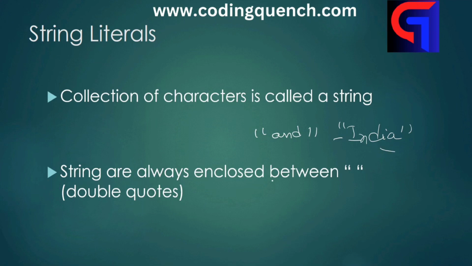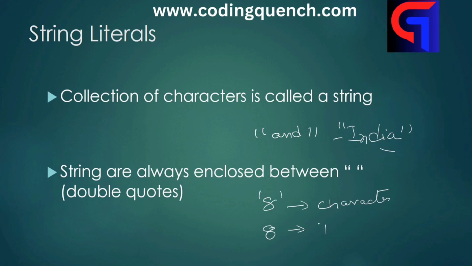Now, let's go with some examples. I am using 8. Because it is enclosed between single quotes, it is called a character, right? This is a character. If I go with 8, there is no single quote or double quote involved.